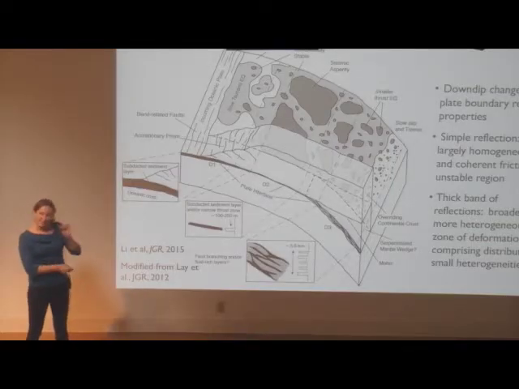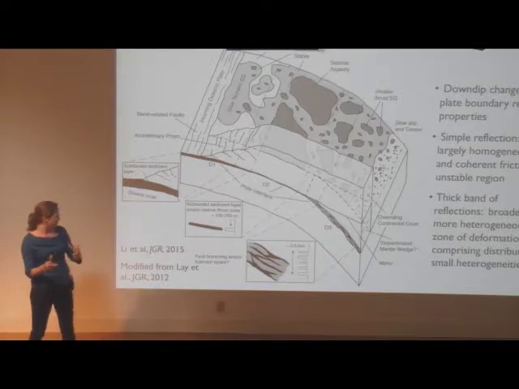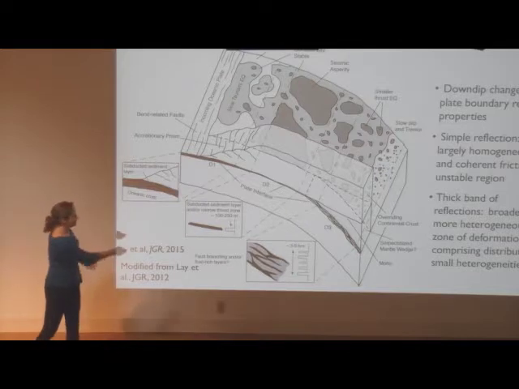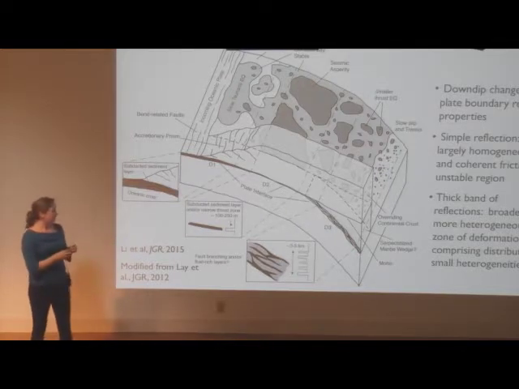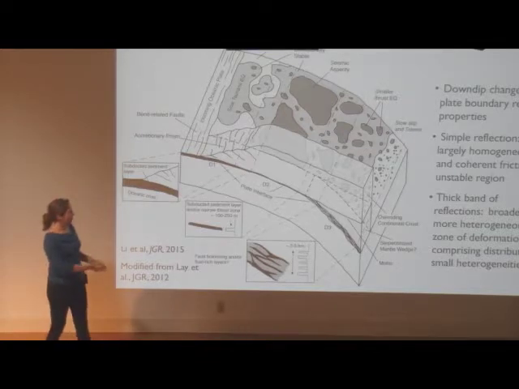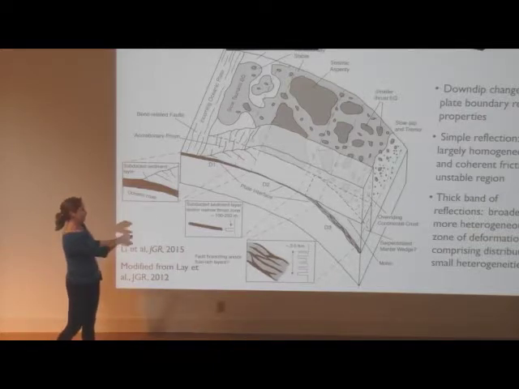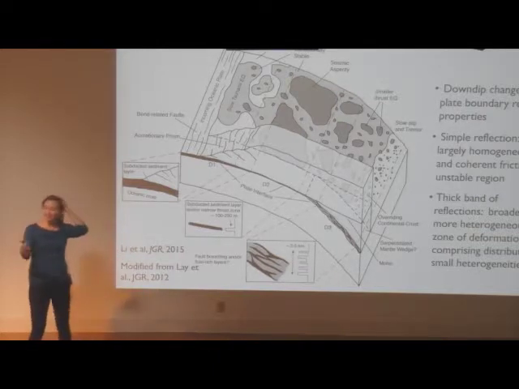This really simple bright reflection is in the middle of the last great earthquake rupture zone, in the middle of the lock zone that Jeff Reimuller showed us earlier this week. And it's relatively silent. It doesn't have a lot of seismicity. Once you go to greater depths, you start to have more small thrust earthquakes and eventually slow slip events. So it really looks like you have a change in behavior that relates to these changes in properties.